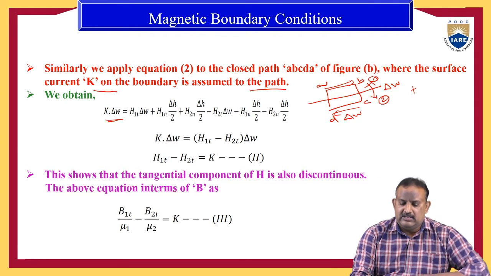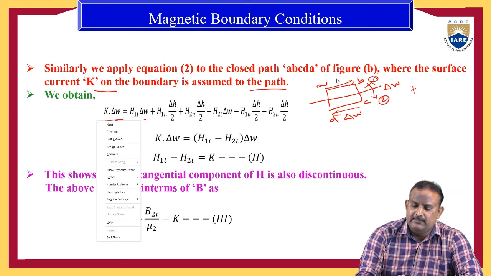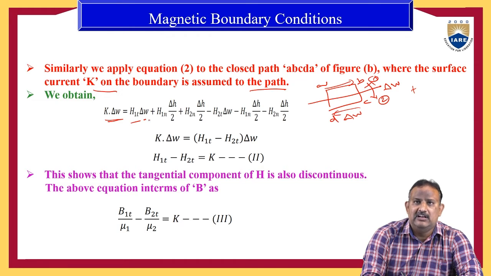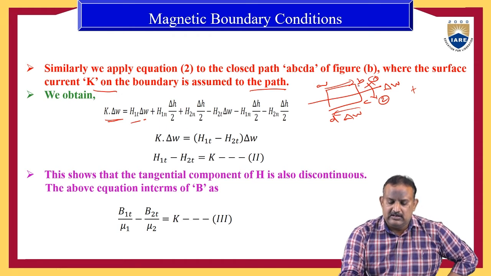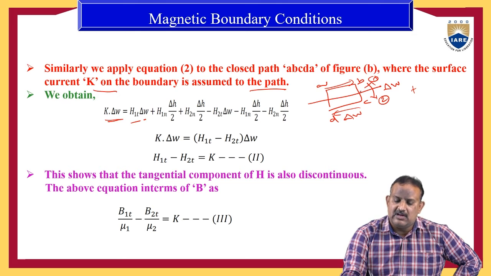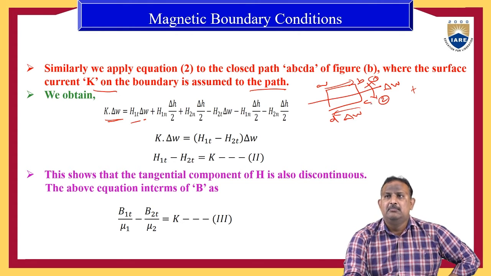Therefore, the equation is H1T into delta W, plus, since BC is the normal path, half of the component is in media 1 and half is in media 2.